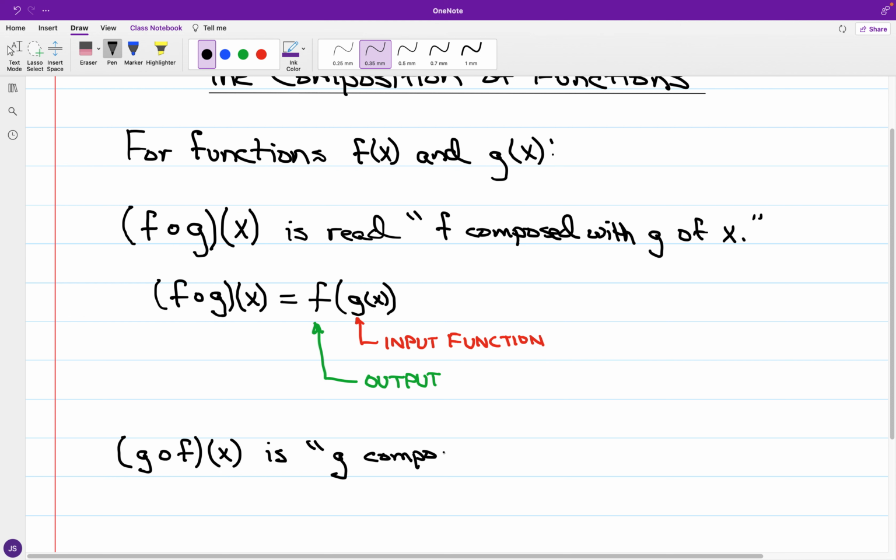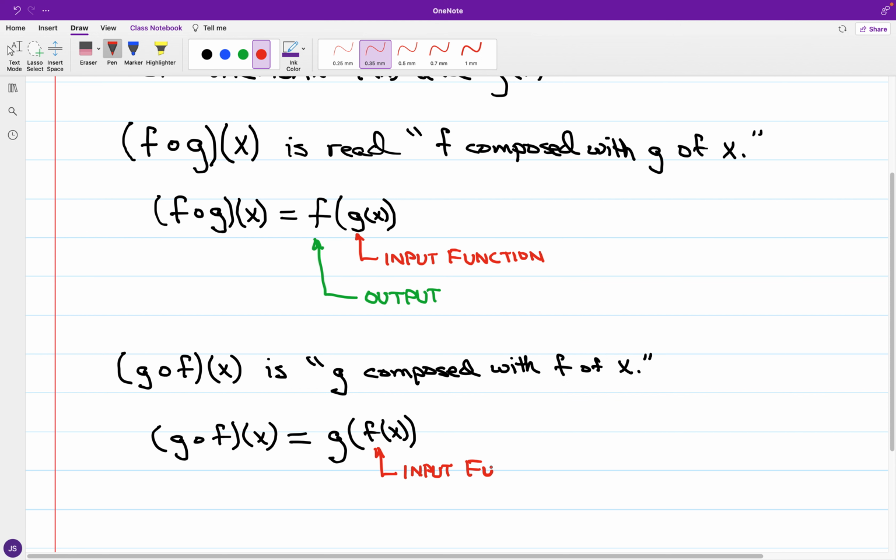So this time it is f of x that is the input function. And the g part that is used to follow through, that is going to be the output.